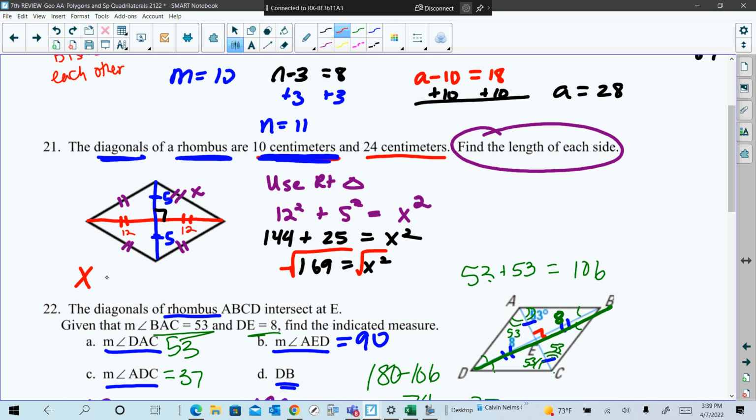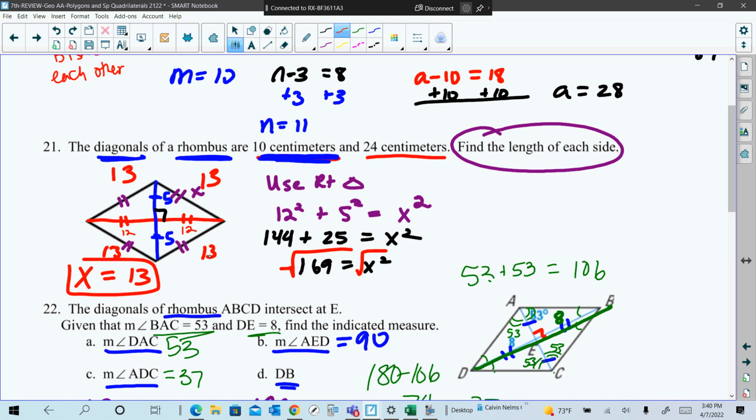X, or side, equals 13. So each side is 13, 13, 13. If I needed to find the perimeter, I could just take that 13 and multiply by 4. But it's just asking for the side, so you should be good on that.